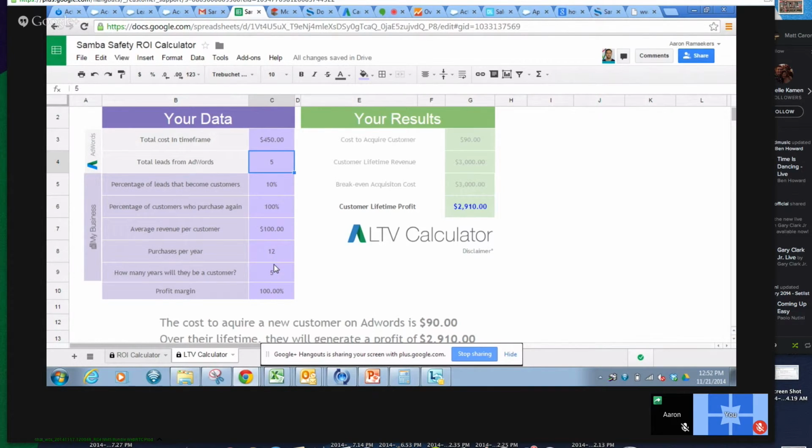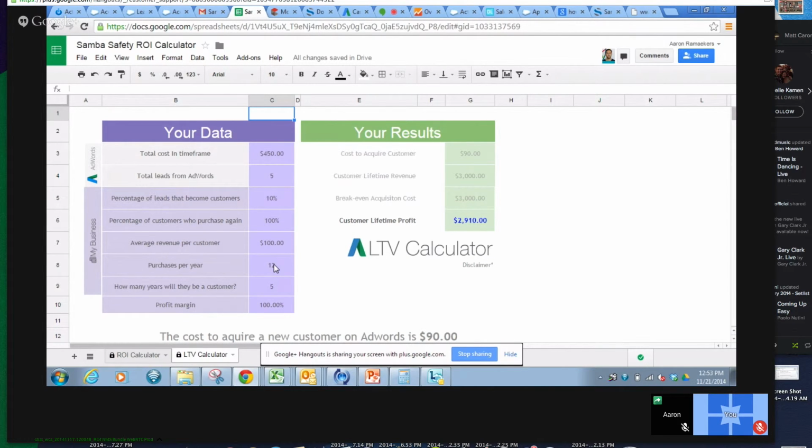And if it was just a one-to-one, it may look like 90 and then 100, right? So that would be like, okay, it's a little bit of a profit margin, but it's only like $10. But thinking about the recurring payments and the years they're going to be a customer, that $90 acquisition actually generates $3,000 of revenue over that customer's lifetime. So you really have a lot of room when it comes to how much you want to spend to acquire that customer. Makes sense.